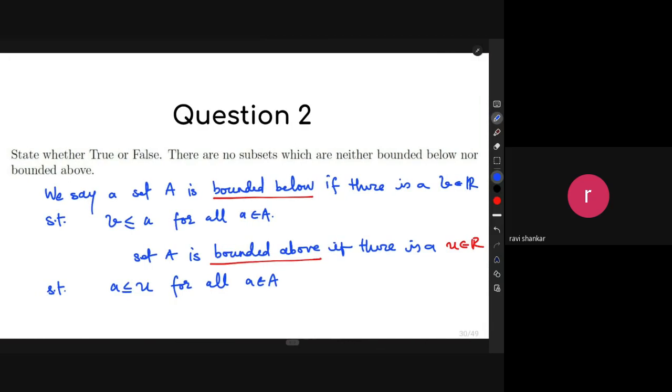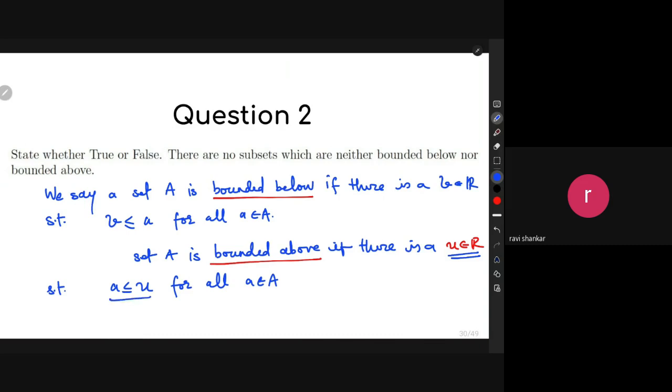So we go back to the definition of bounded above. We say a set is bounded above if there is an element U in R such that every element is either equal to U or smaller than it. It can be equal also, but it has to be larger than the other elements.